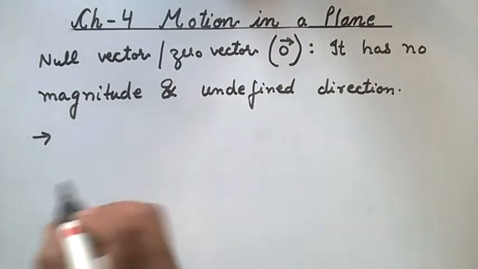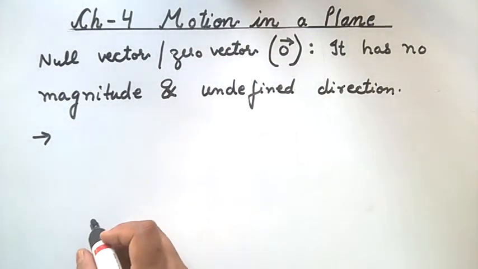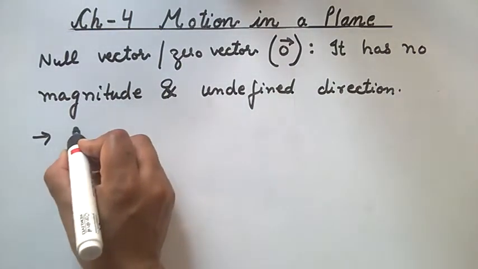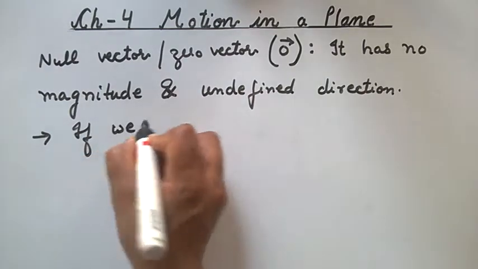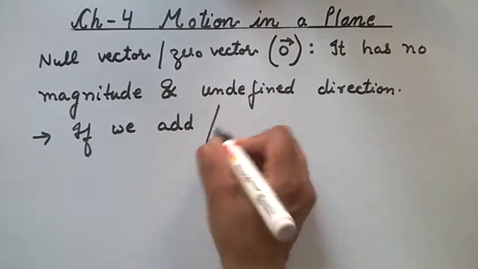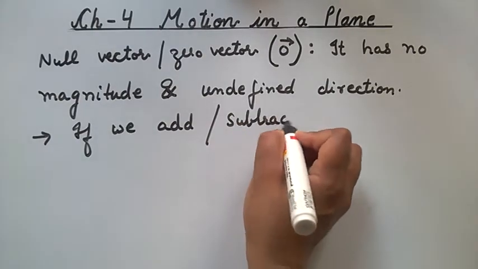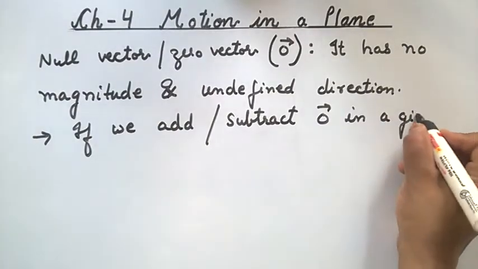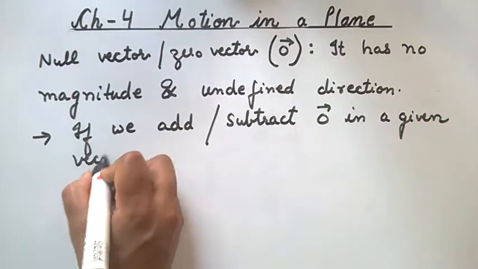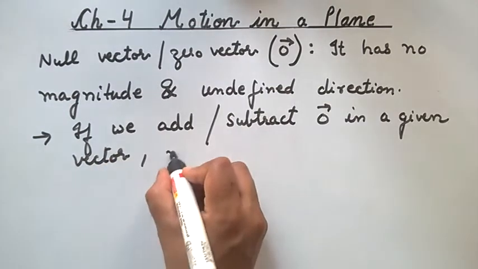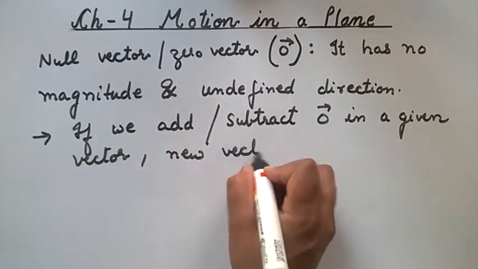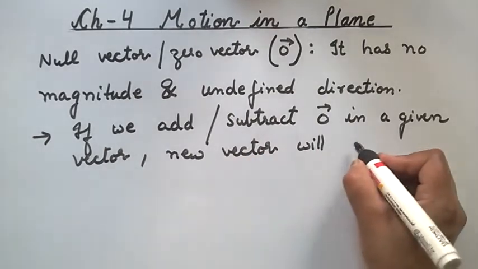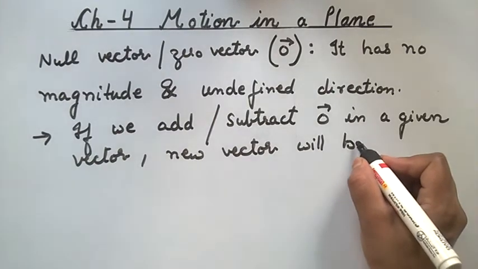If we add or subtract zero vector with a given vector, then the resultant vector will be unaffected. That is, if we add or subtract zero vector in a given vector, the vector will remain unchanged or will not get affected.